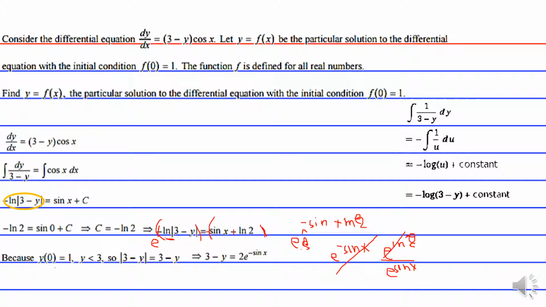But we know that raising the base e to a natural log cancels out the natural log, and whatever's in the natural log expression can just be written out front as a constant. So this becomes 2 over e to the sine of x.